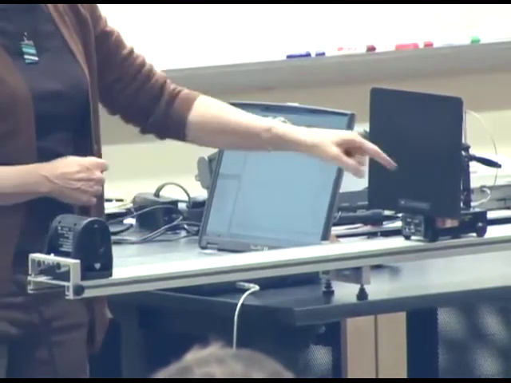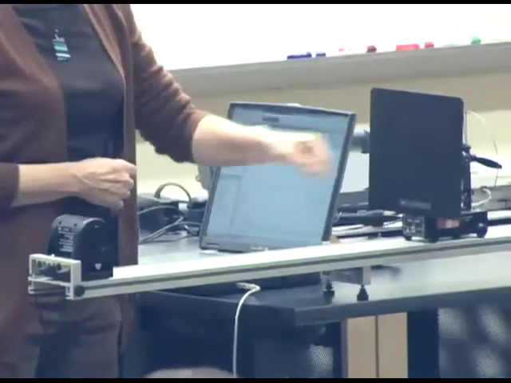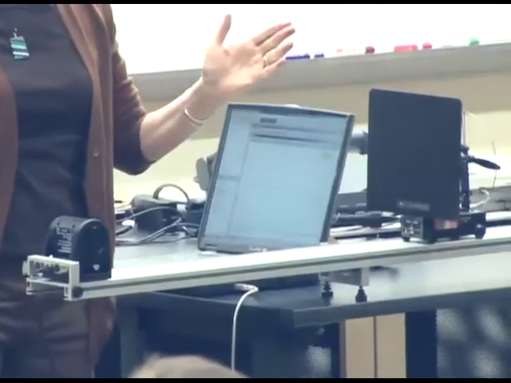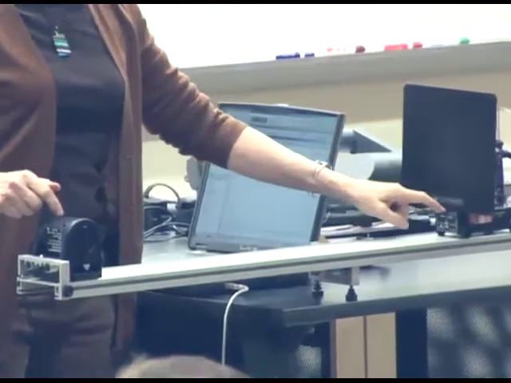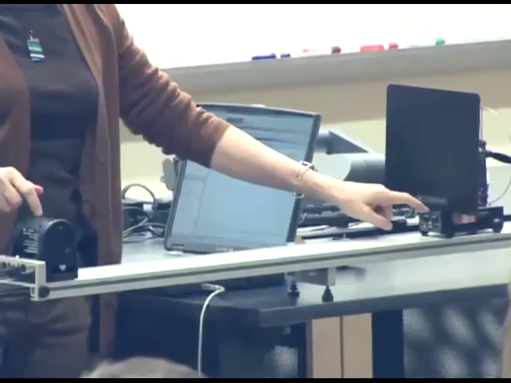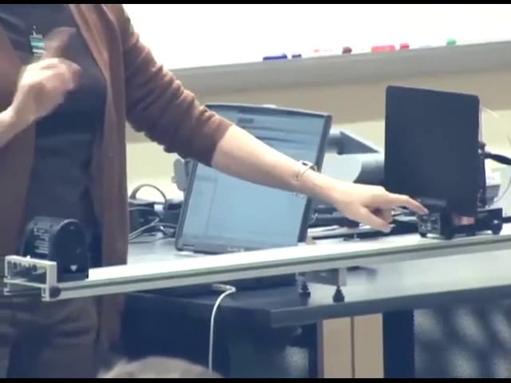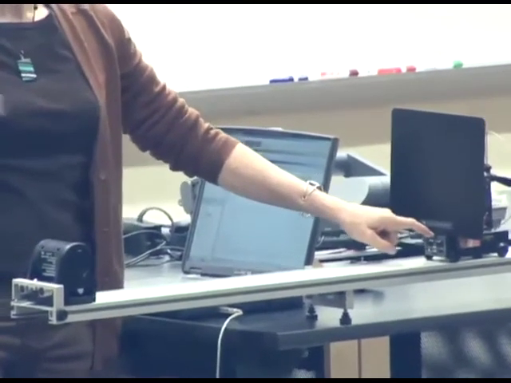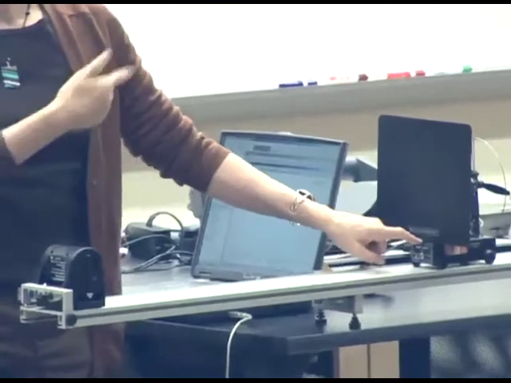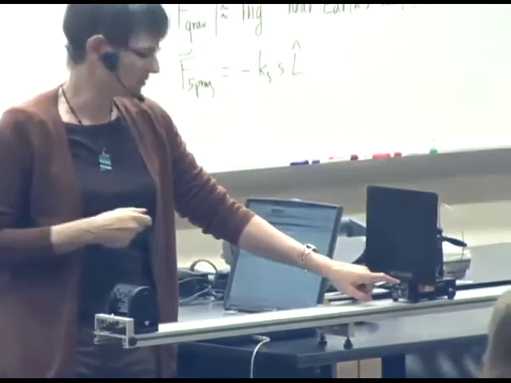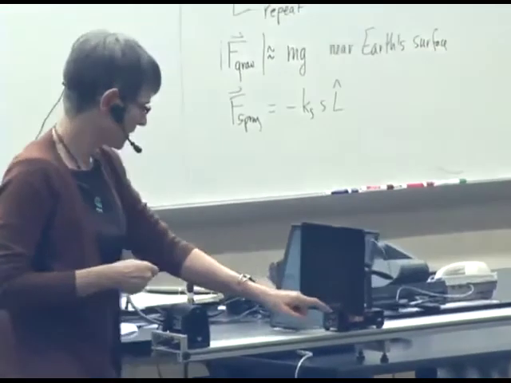And by timing how long it took this pulse to travel, it can then calculate how far away the cart is from the sensor. And since it does this many times a second, if you get many of these points, it can take little differences and tell us how fast it's going in that direction. So we can get the x component of its velocity from the sensor.